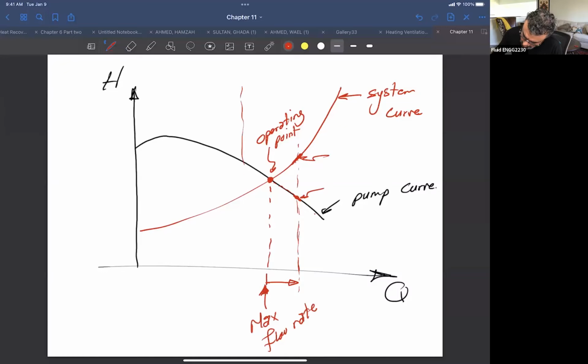Can I run here? Can I go like this? Of course. How? How can I run here? How can I decrease the flow rate? Anyone?